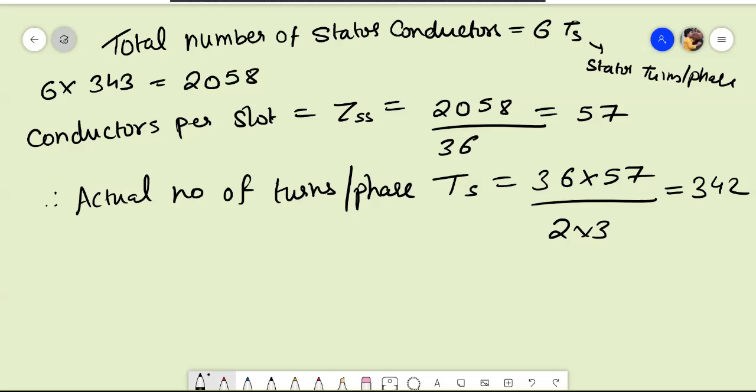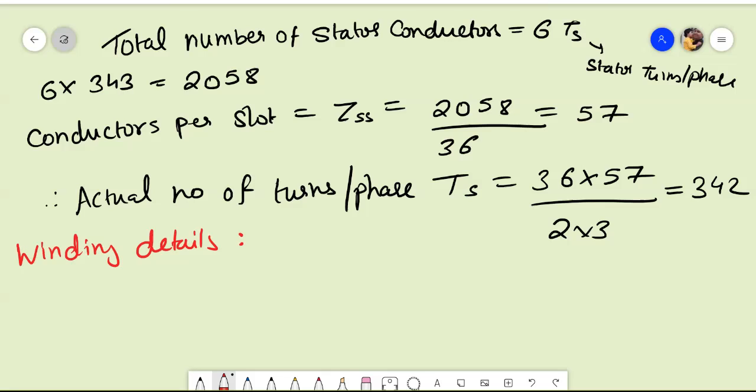And the last thing which we need to find here is our winding details. We can find it out.